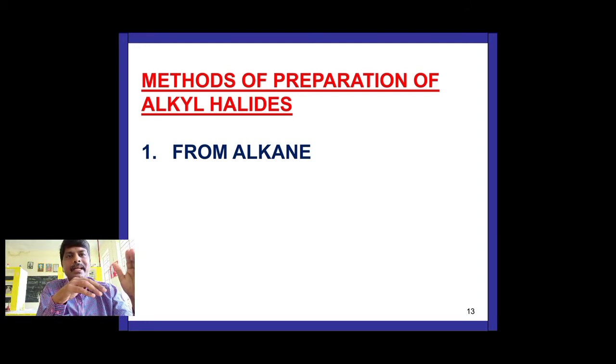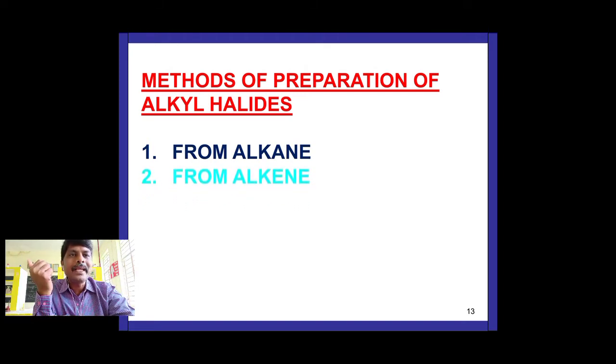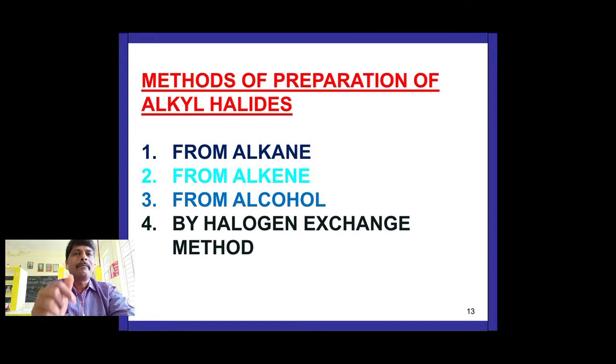I will explain methods of preparation of aryl halides in another part, because the methods of preparation of alkyl halides are entirely different from those of aryl halides. Broadly, you can divide the methods of preparation of alkyl halides into 4 types: from alkane, from alkene, from alcohol, and by halogen exchange method.